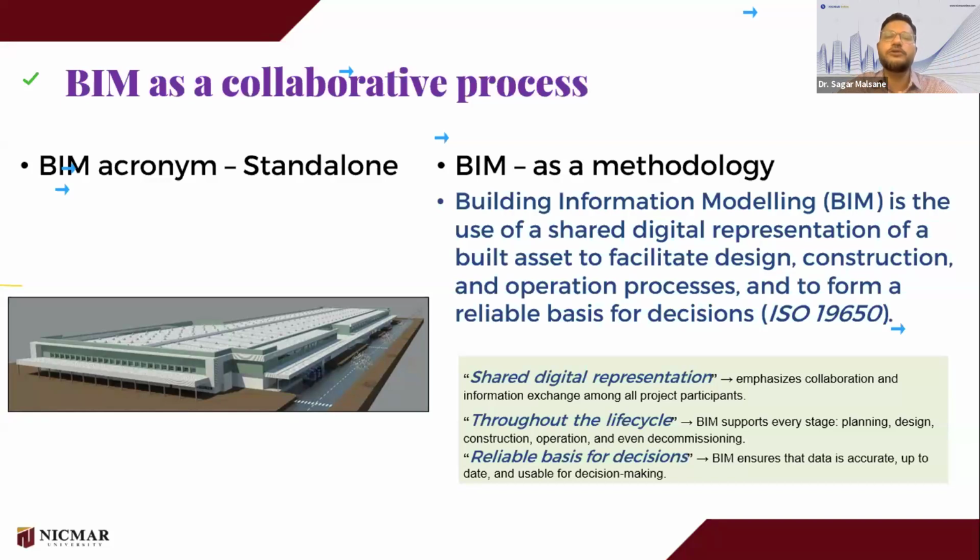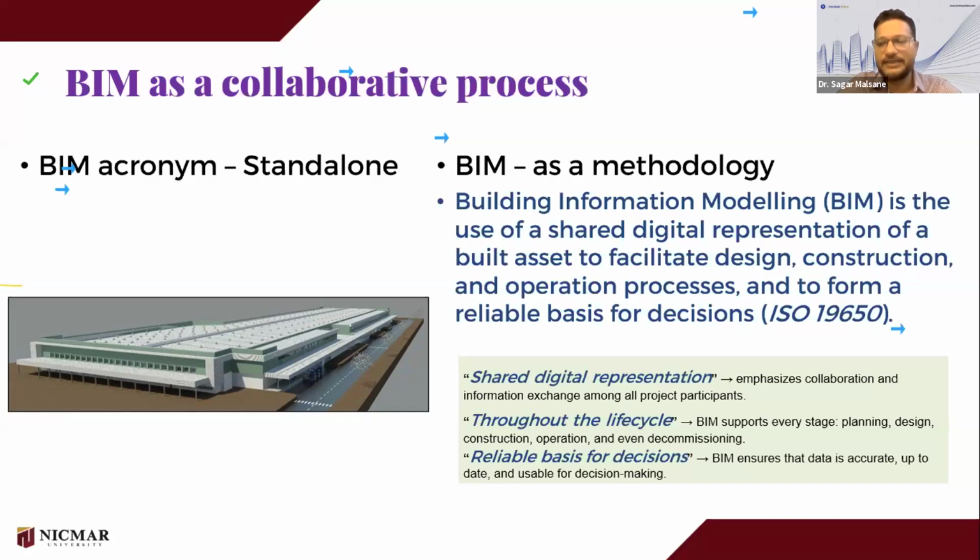But if you look at BIM holistically, then you will have to look at BIM as an approach or a method or a mechanism, and that particularly represents how people come together for a particular project and how they work, how they exchange information, and as a team how they deliver a project in a highly efficient manner. That is the basic intention behind BIM as a collaborative process.